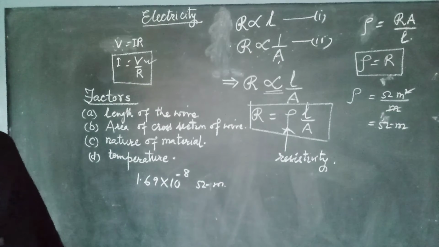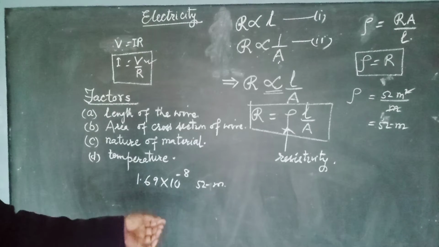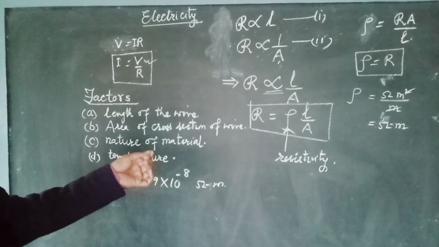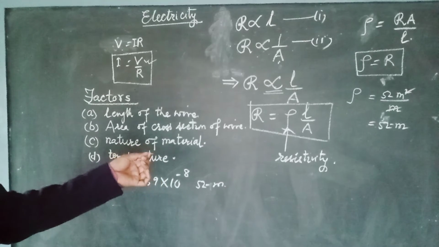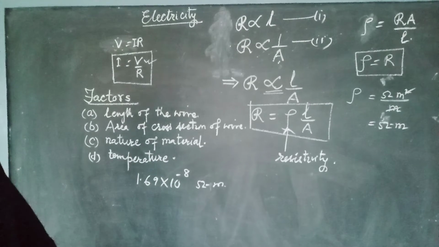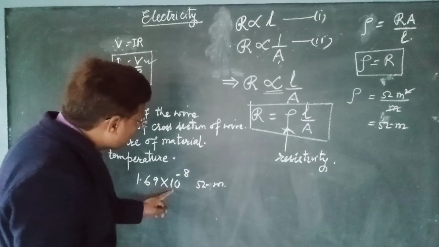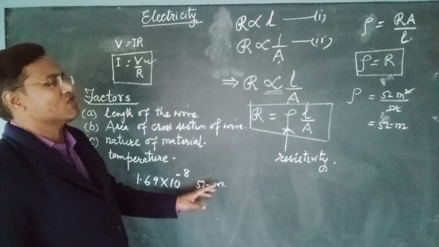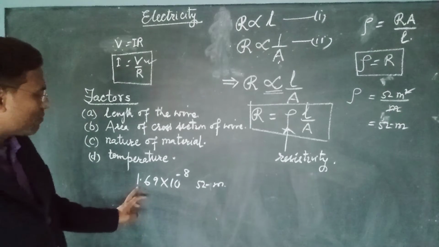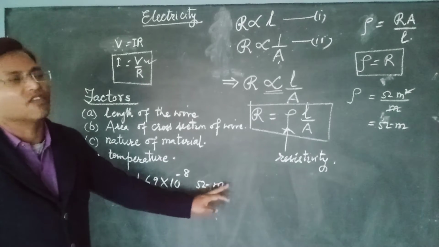It means that if we take a copper wire or a copper rod of 1 meter long and 1 meter square area of cross section, then the resistance will be 1.69 into 10 to the power minus 8 ohm.